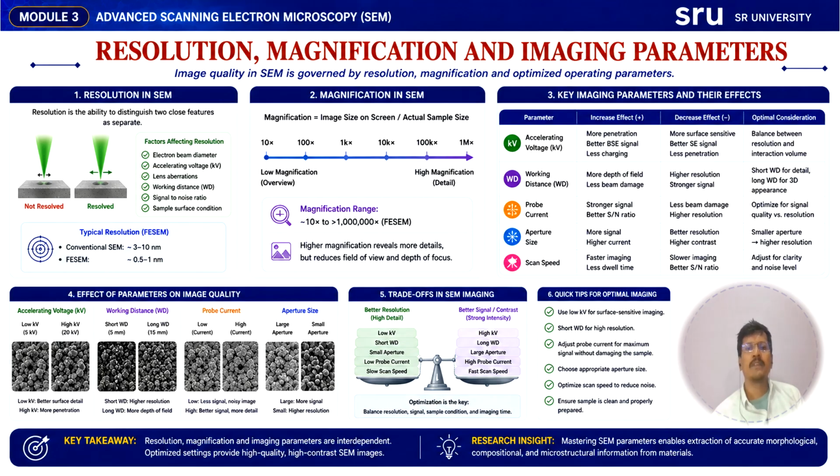Similarly, increasing accelerating voltage enhances the signal generation but may reduce the surface sensitivity. To obtain high quality SEM images, researchers must carefully balance all these parameters according to the nature of the sample and the information required.